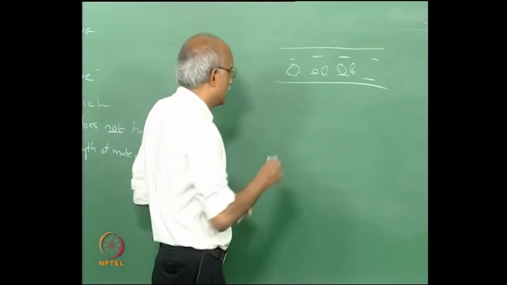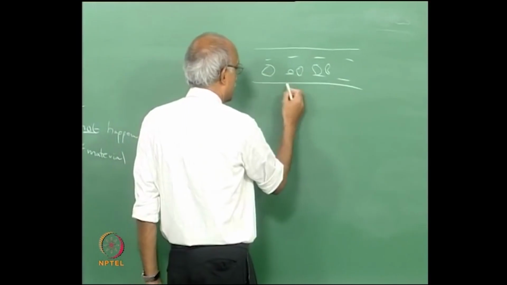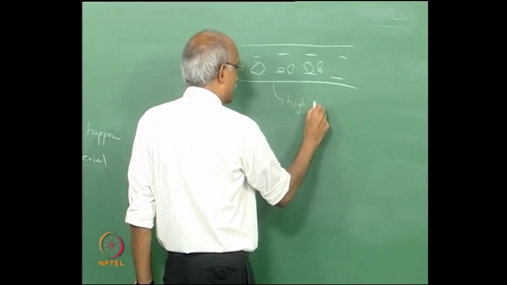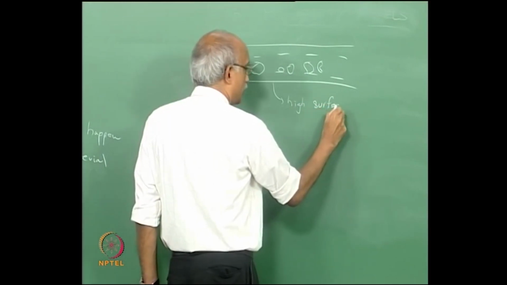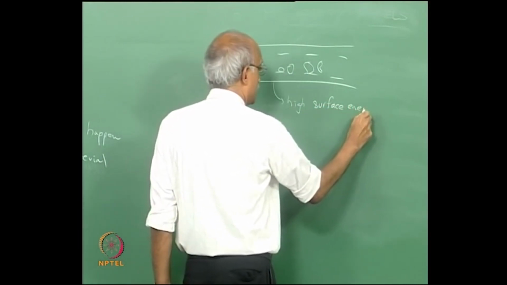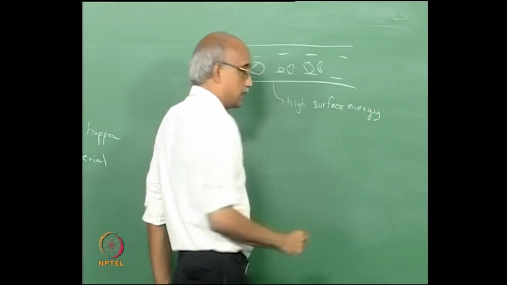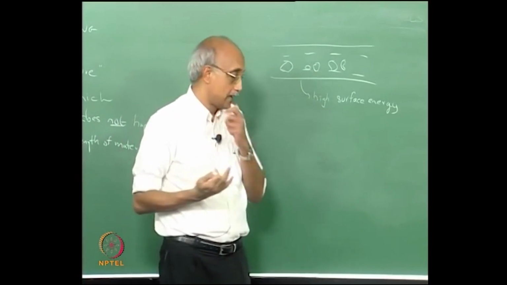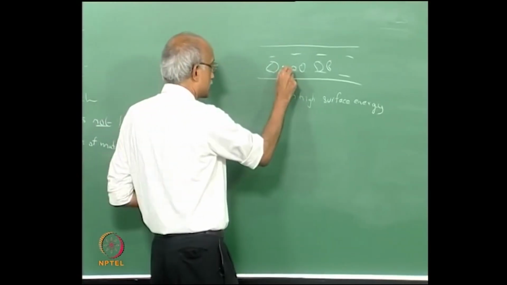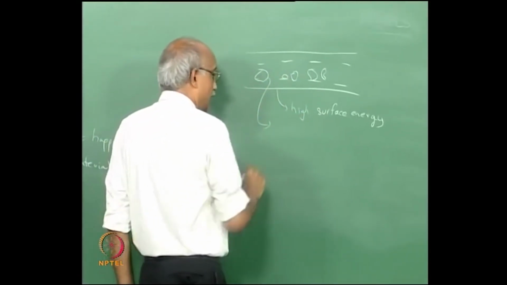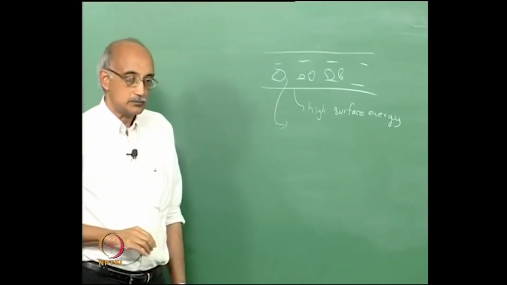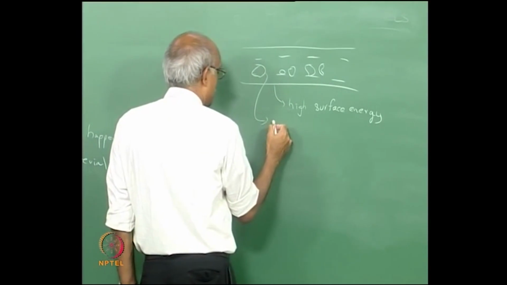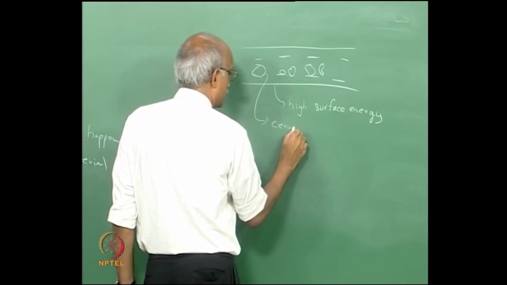For example, if your pipe has a high surface energy material, which is very common especially when you are using metallic pipes, and the particles that are flowing are, let us say, some kind of a slurry of ceramic materials.